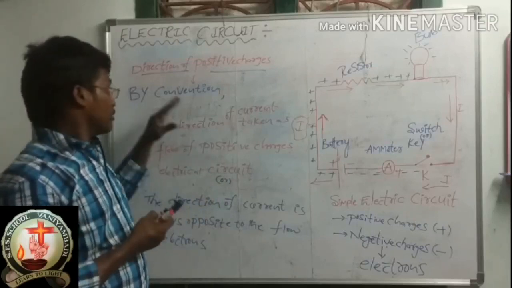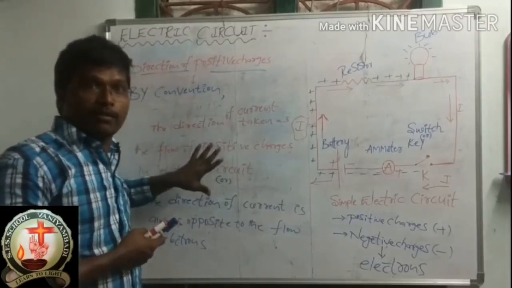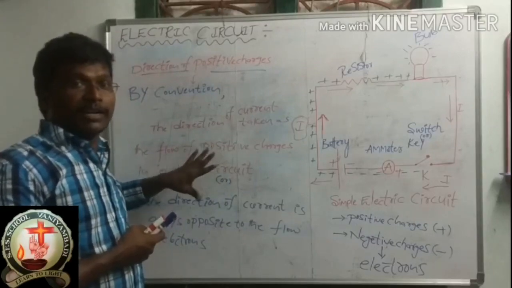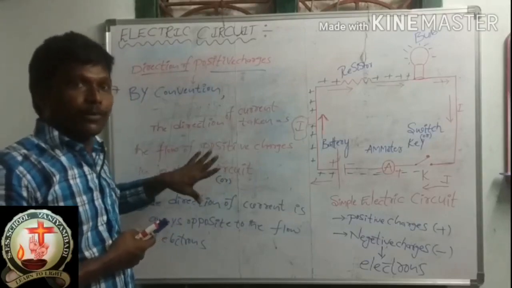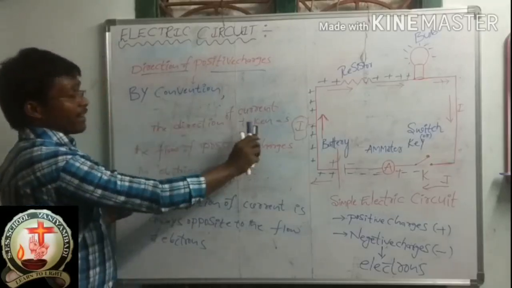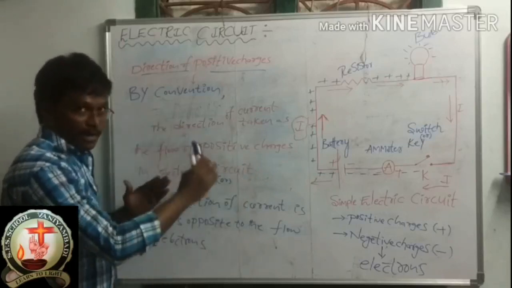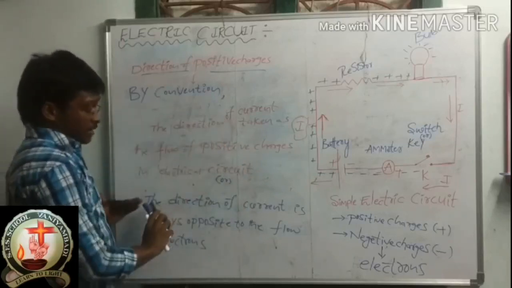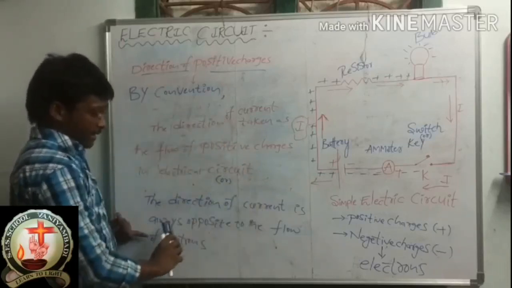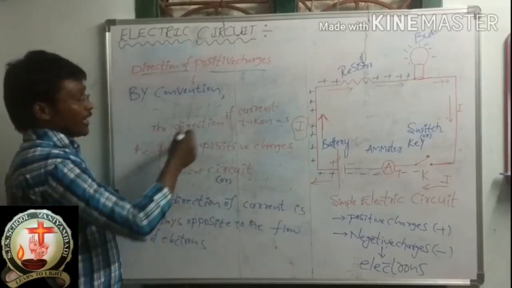What is the procedure name? Convention. Based on that procedure only we are telling this. So by convention the direction of current is taken as flow of positive charges in that electrical circuit, or by convention the direction of current is always opposite to the flow of electrons. You can remember this total.